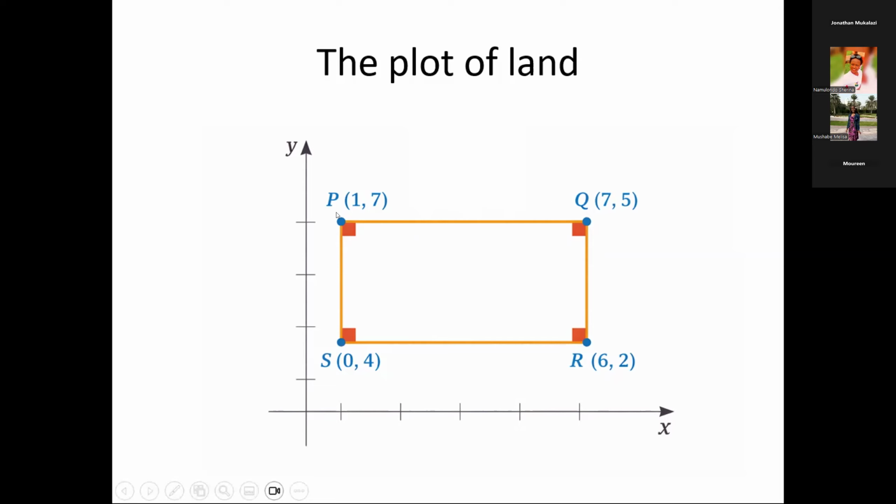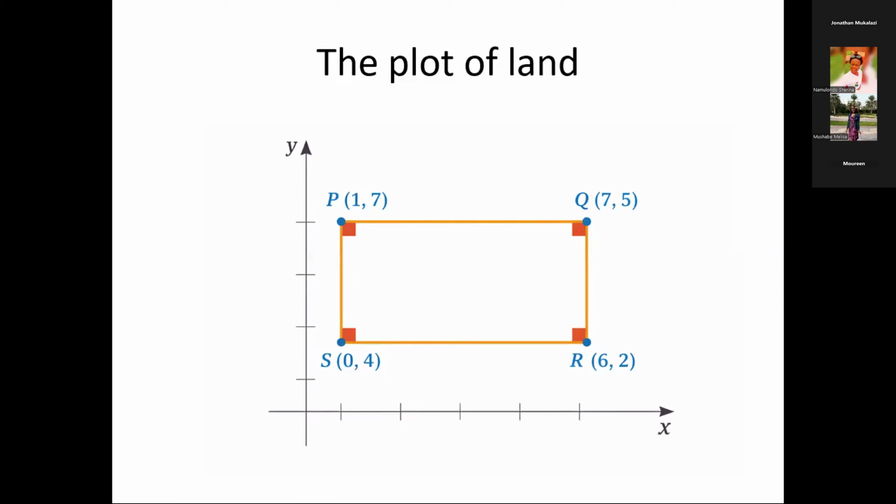On calculating the slope of RS, we got -1/3. If the slopes of two opposite lines are equal, the lines are parallel. Then for SP, we got a slope of 3, and the slope of QR was also 3. So these opposite lines have equal gradients, which means they are parallel.